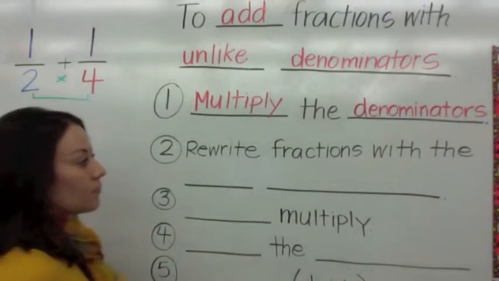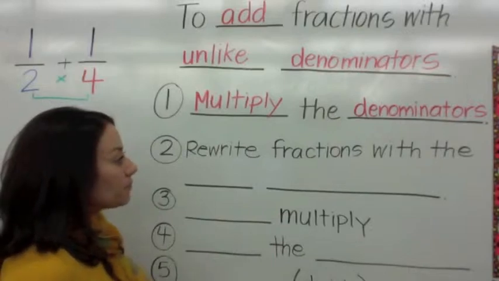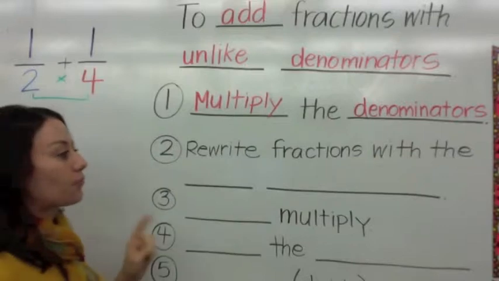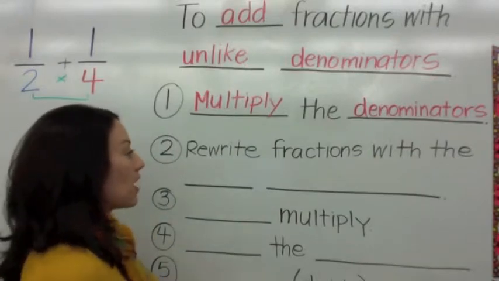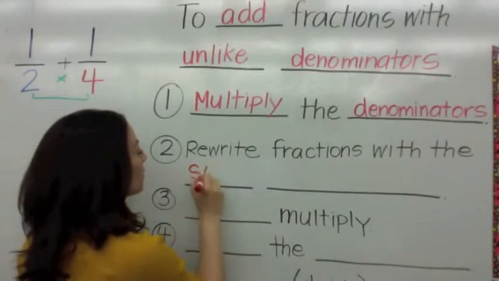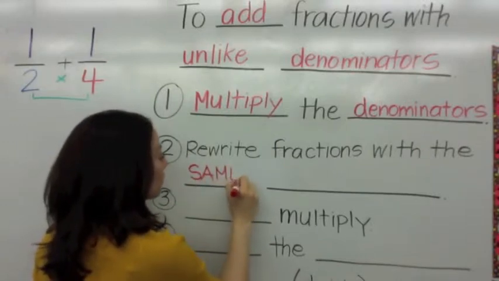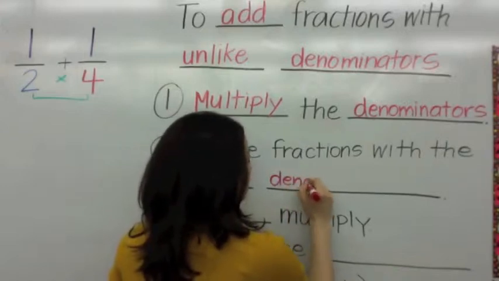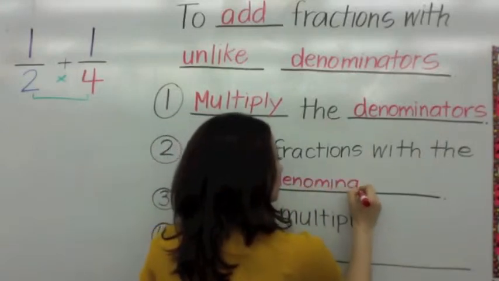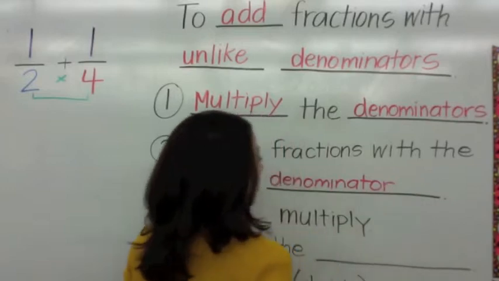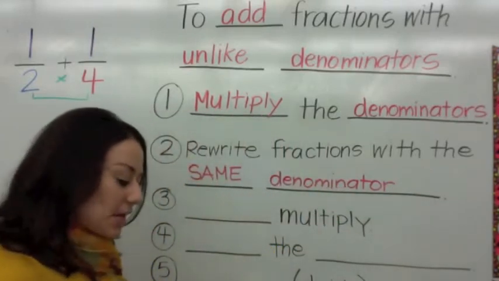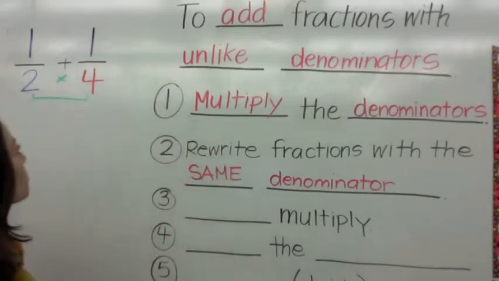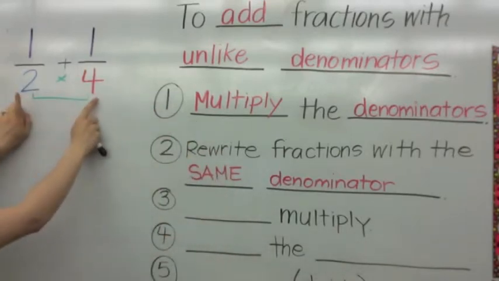So the second thing you're going to do is rewrite the fractions with the same denominator. Okay? So if I say rewrite, you're actually only writing the bottom. So let me show you how this works. The denominators are 2 and 4, right?